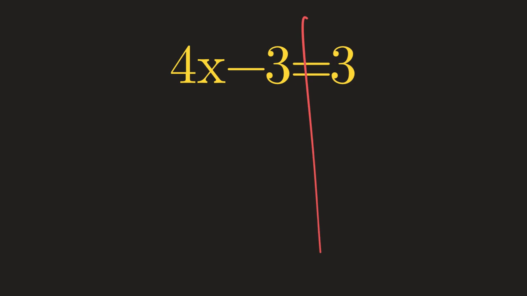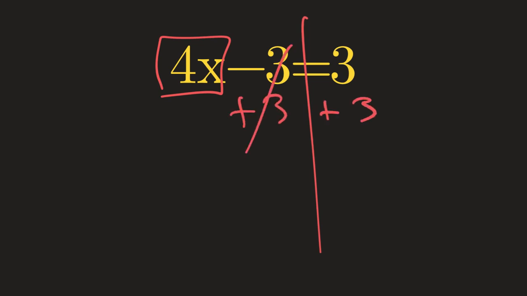You guys are starting to see it. My variable term is 4x. How do we get rid of negative 3? Thank you. Add 3 to both sides. And 3 plus 3 is what? 6. Okay, thank you.